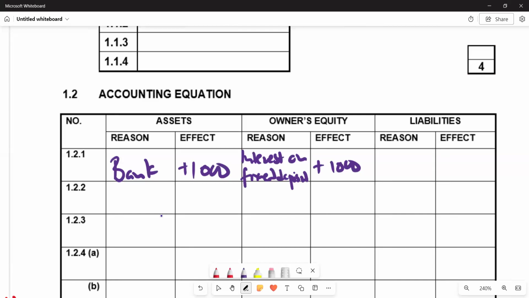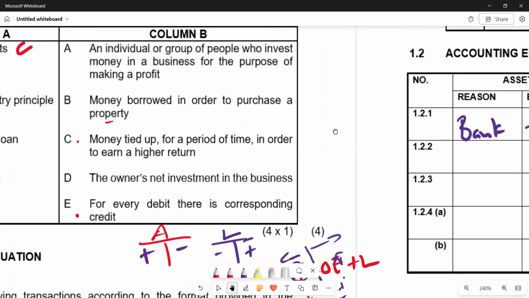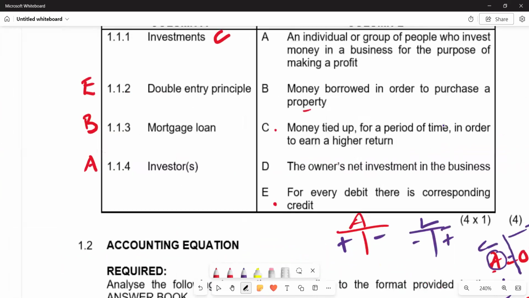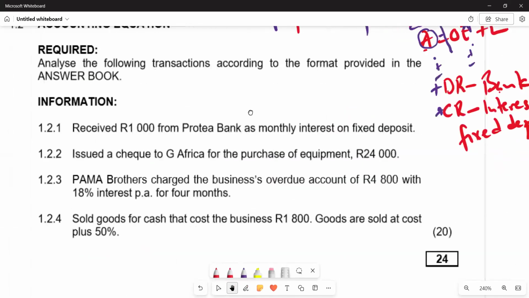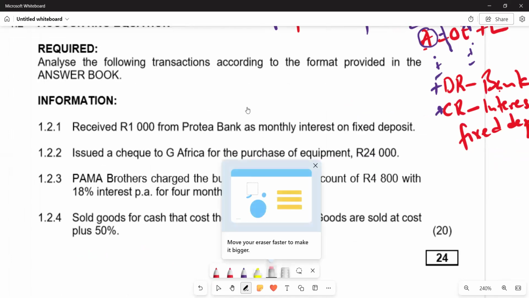And then we go to the next transaction and see what we have. We are now on 1.2.2, which is here.